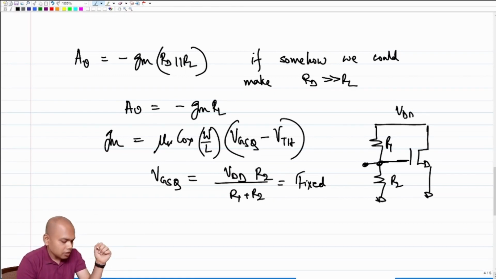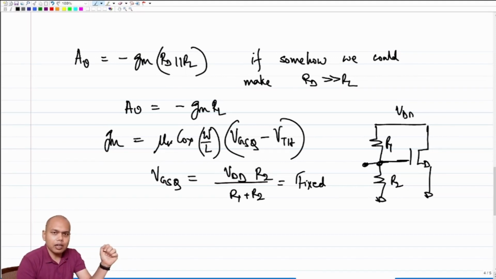It also changes with temperature, which essentially means that the value of gm will change with temperature, which means the gain that you have obtained will also change with temperature, right?